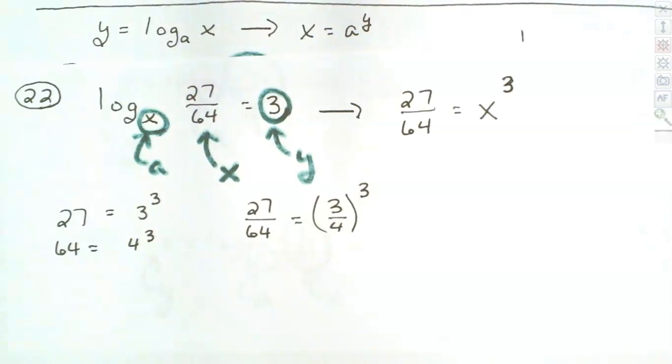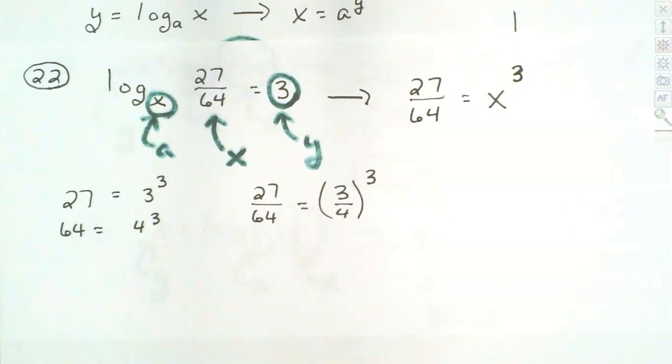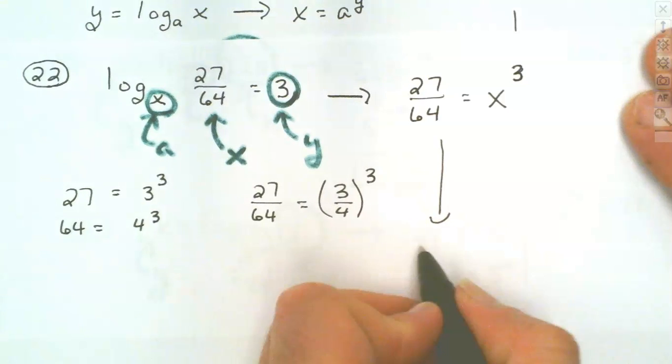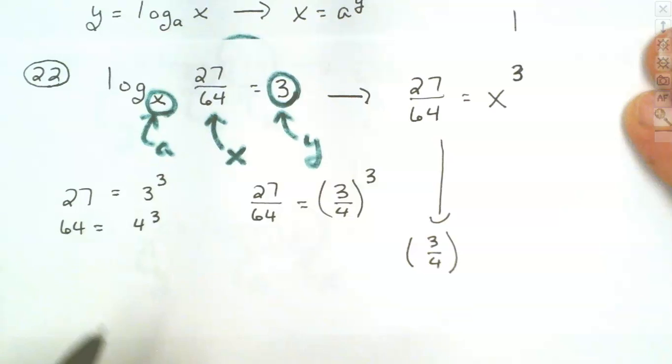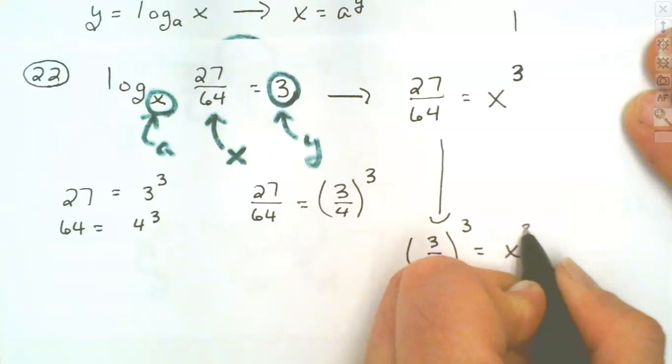Why did I do that? Because my exponent, the number on the top, is a 3. So we need to make sure the other side's a 3 as well. So both exponents are 3. That way the bases can be found. So what does this rewrite into then? Well, this rewrites as 3 over 4 to the 3rd power equals x cubed.